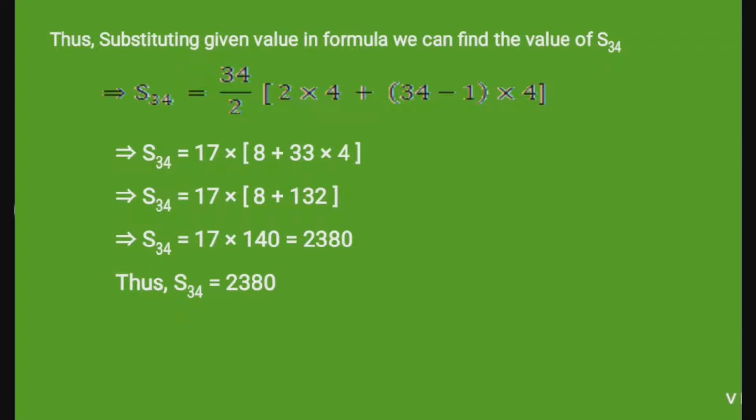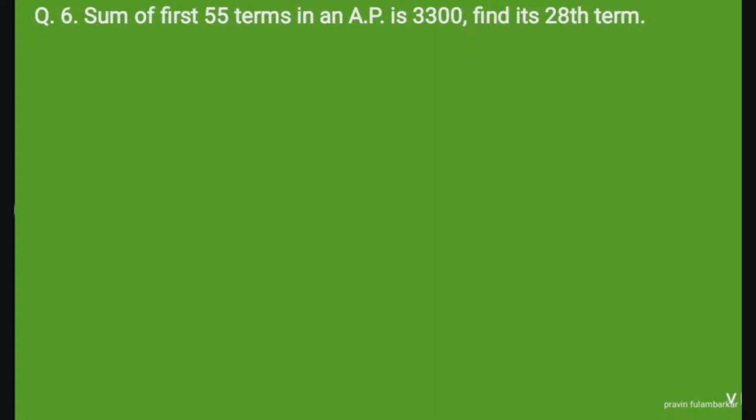So we know all the values. Now see question number 6. Sum of first 55 terms in an arithmetic progression is 3300. Find its 28th term.